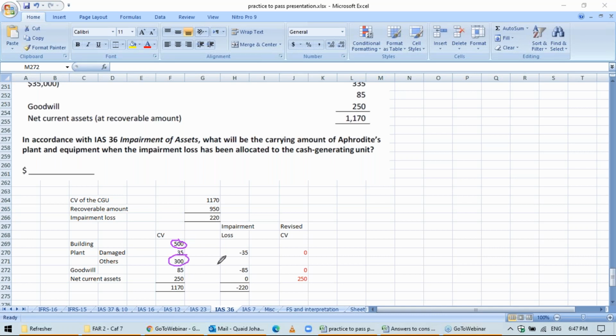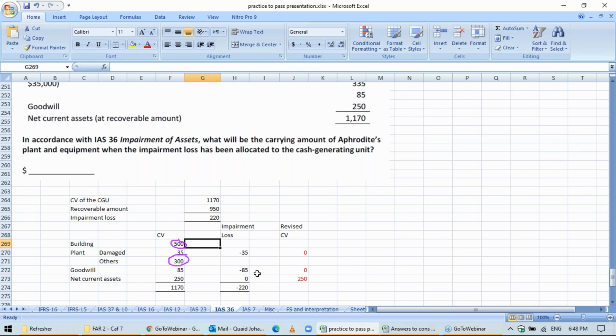I don't know the recoverable amounts of these two items. Nowhere in the question are their recoverable amounts given. Only the carrying amounts are given. I don't know their fair values. It means the remaining loss belongs to these two items. So now I will allocate the loss to these two items. How will I allocate this? First total their book values, the amounts in the purple circles. That's 800.